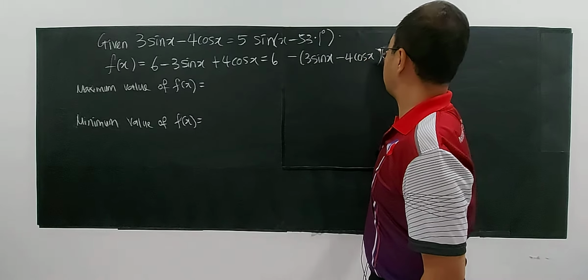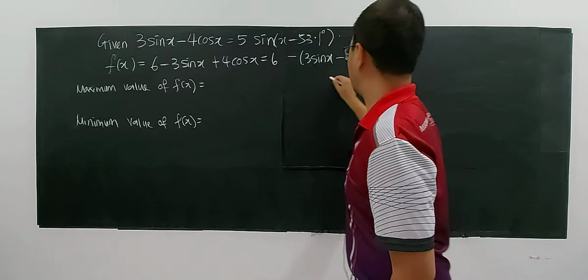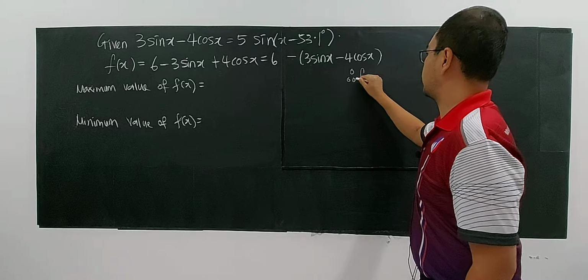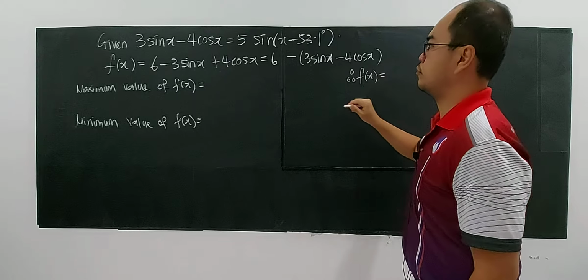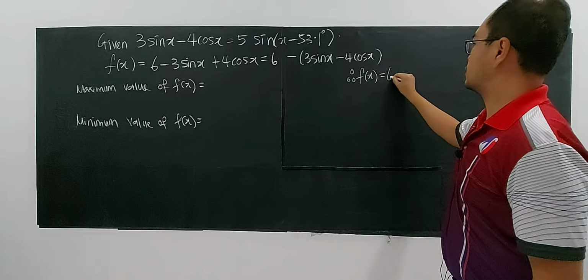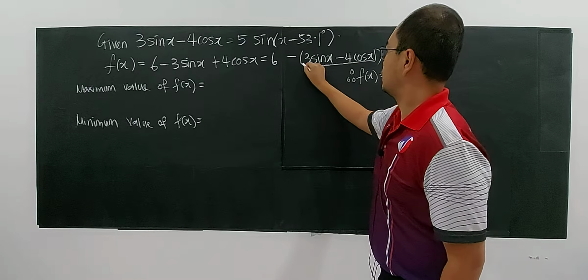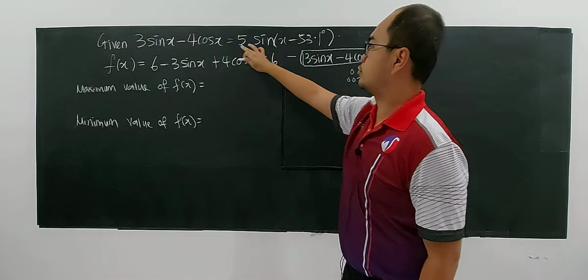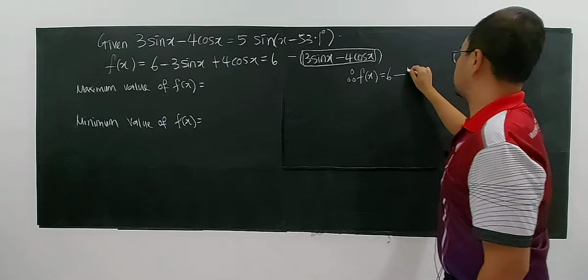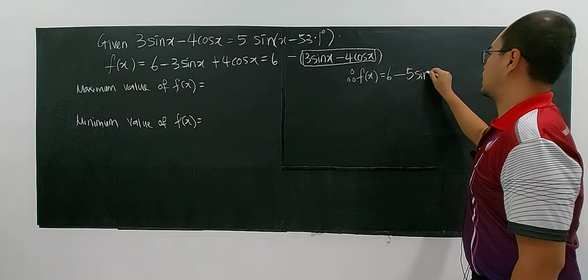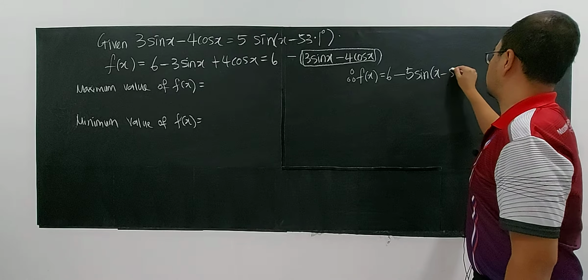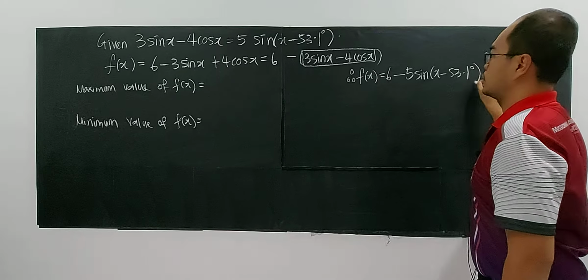So you can rewrite your f(x) in the form of 6 minus, with this whole thing here rewritten as a single trigonometric function, which will be 5 sin(x minus 53.1 degrees).